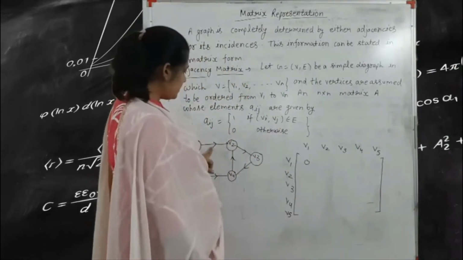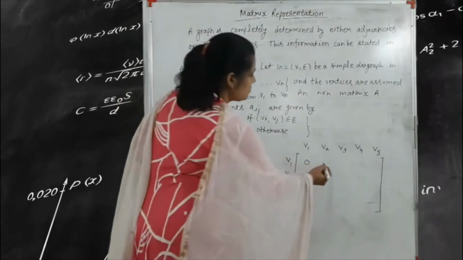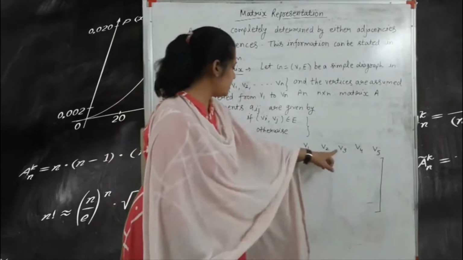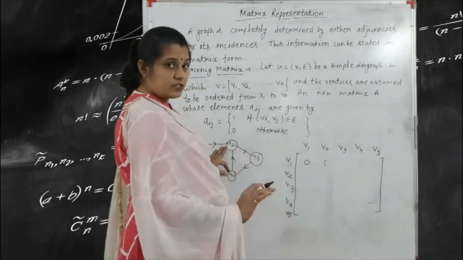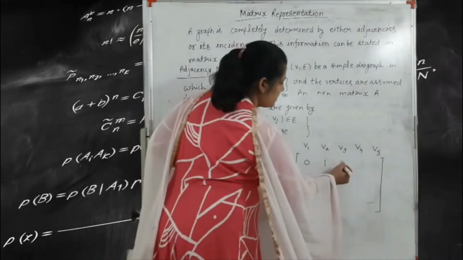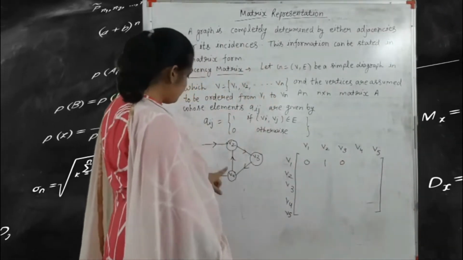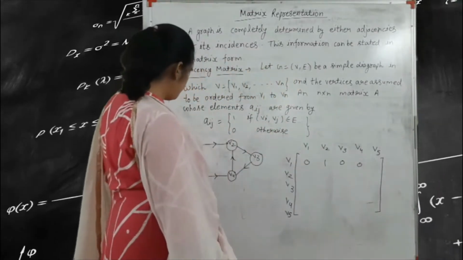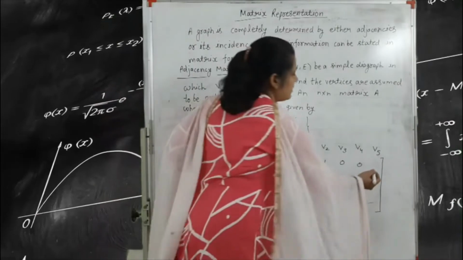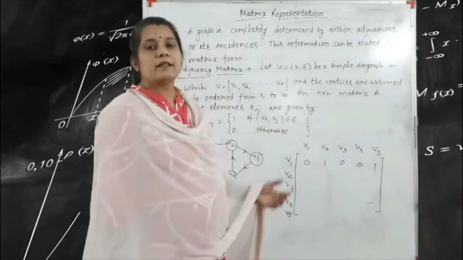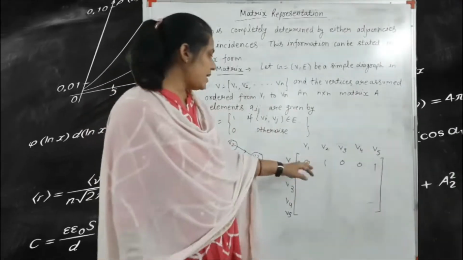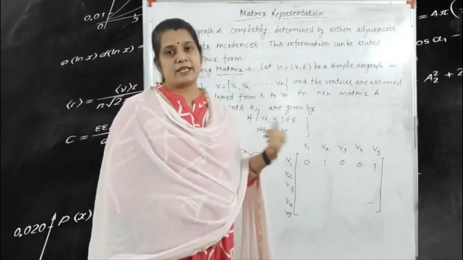V1 to V2, yes, the direction is V1 to V2, so 1. V1 to V3 is not connected directly, so 0. V1 to V4 not connected directly, so 0. V1 to V5, yes, there is a direction, so 1. That means if it is directly connected, we write 1, otherwise 0.